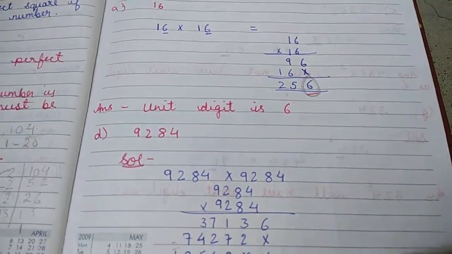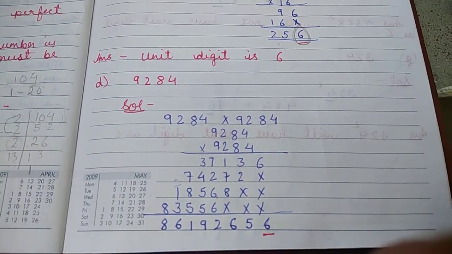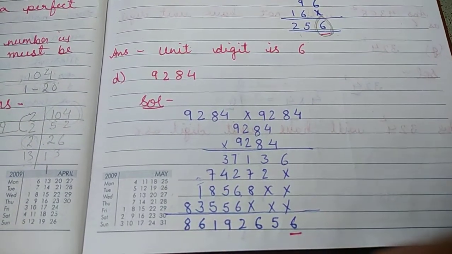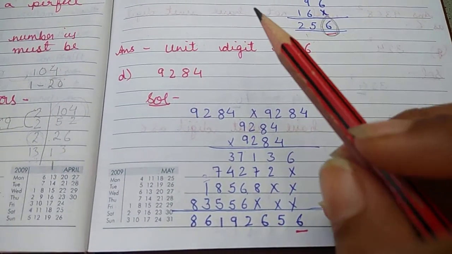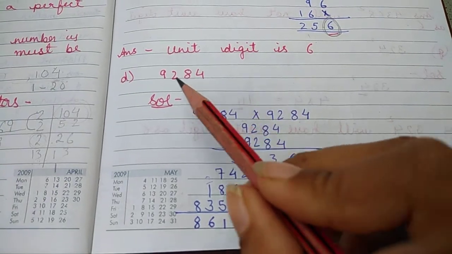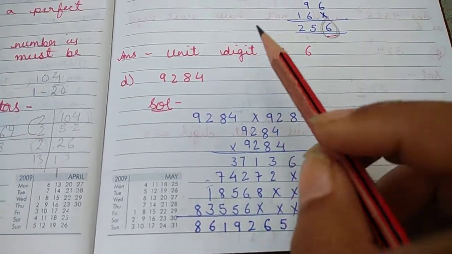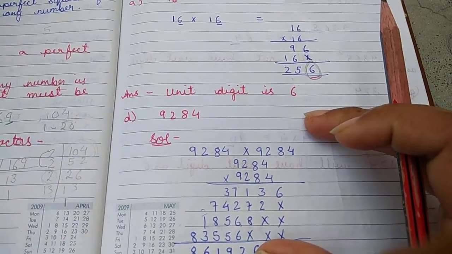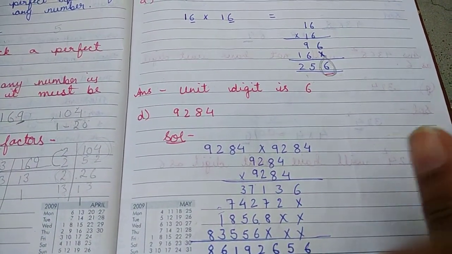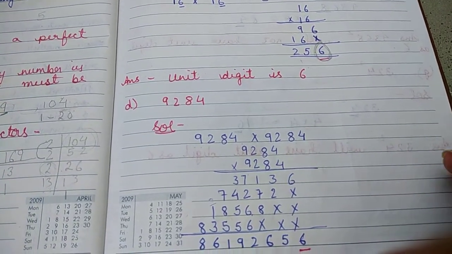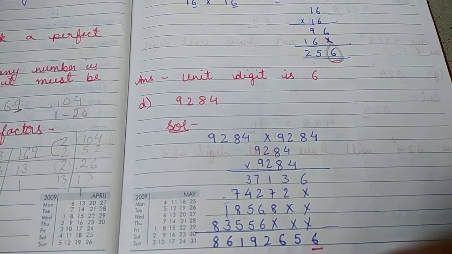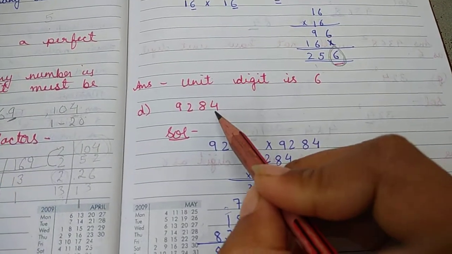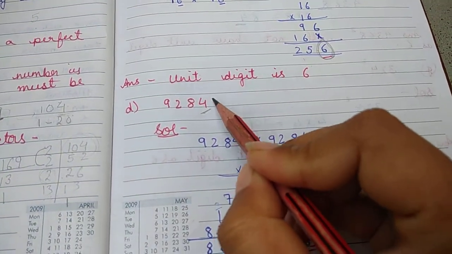Similarly, there is one more part I've done, 9284. You have to find what would be the unit digit if we multiply this number by itself. In both the parts which I've done, I have shown you the complete multiplication, but in a test or in your exam, it is not necessary to show the complete multiplication. You can just use this one trick: multiply the last digit by itself.